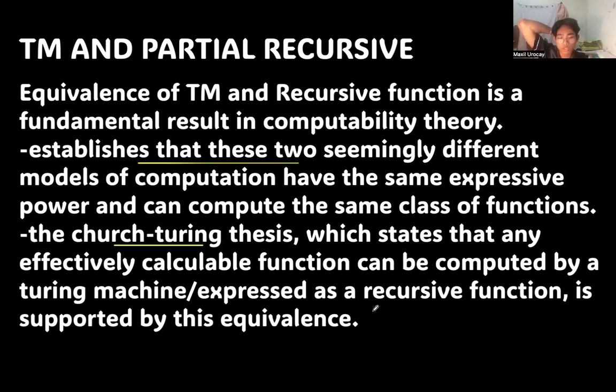So the equivalence of Turing machines and recursive functions is a fundamental result of computability theory, as mentioned right there. And we establish models that have the same expressive power, and we are computing the same class of functions as well. So by that, let's try to see here.